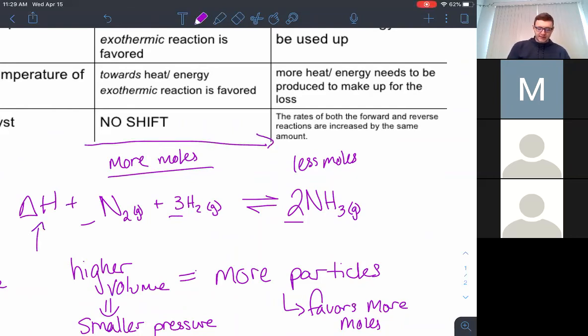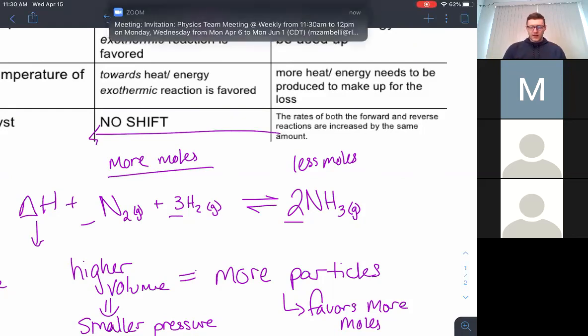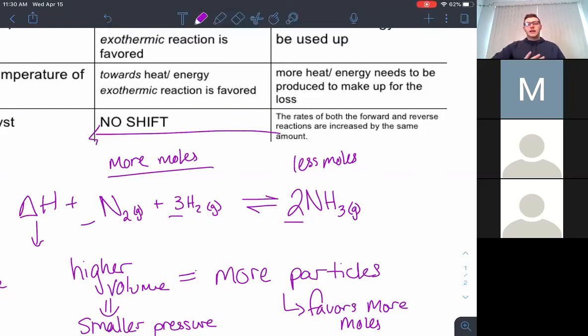And if I decrease the heat, it will pull towards the reactants again. So with endothermic and exothermic, the reaction is pushed away from or pulled towards where the heat is: if you increase it, it's going to go the opposite way, and if you decrease the amount of heat, it pulls the same way. Does that one make sense?